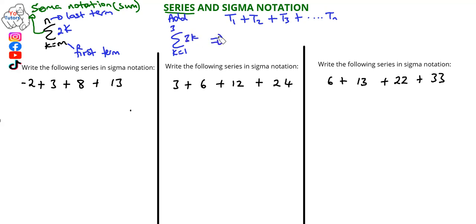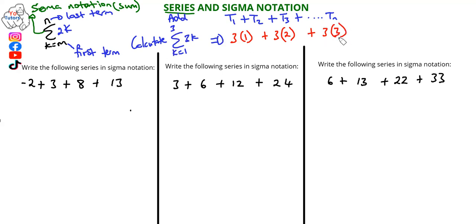Now, to calculate this, the question will say calculate. So what you are doing here is adding the first term, which is 3. You substitute 1, which is the first value, then plus 3 times 2, then plus 3 times 3, the last term.